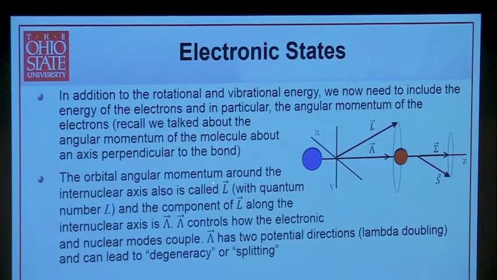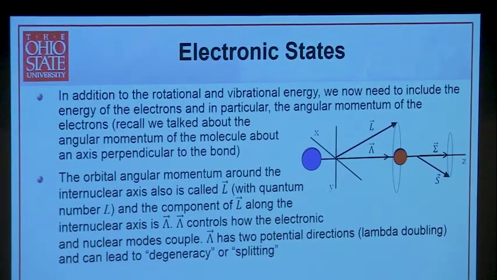Now we have the orbital angular momentum around the internuclear axis. This is going to be L, so this is what's spinning around the internuclear axis. And we have a component along the internuclear axis that we'll call lambda. Okay, lambda controls how the electronic and the nuclear modes couple, and we'll talk about that.